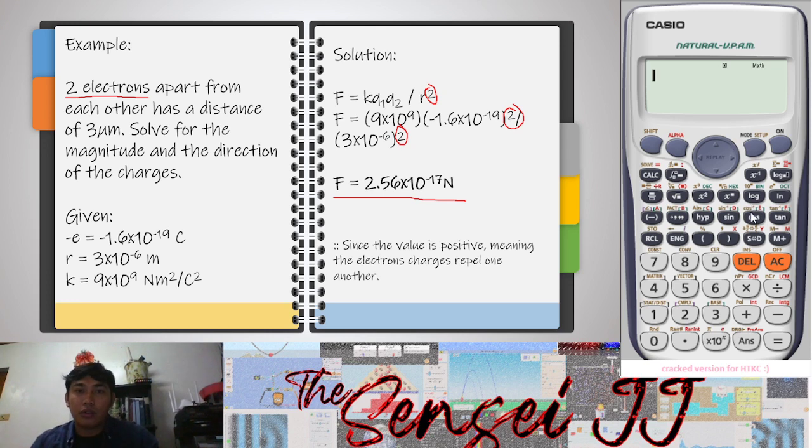So let's try to solve this one. 9 times 10 raised to 9 multiplied by negative 1.6 times 10 raised to negative 19. Since dalawa sila, square, all over 3 times 10 raised to negative 6, and this is in square.